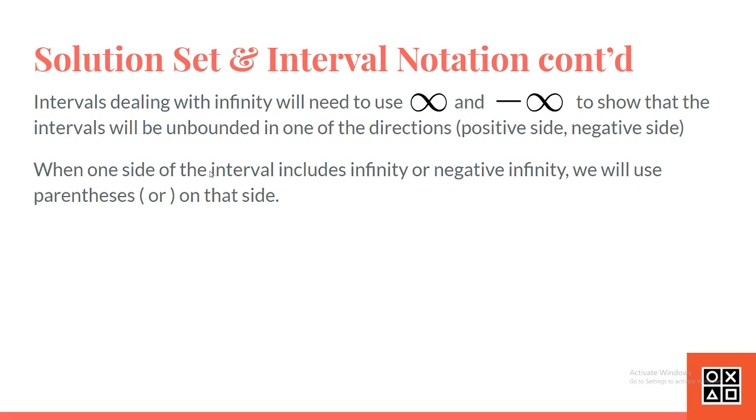When one side of the interval includes infinity or negative infinity, we will use parentheses on that side. So if it's going to be negative infinity, then it's on the left side, so you will use the left parenthesis. But if it goes to infinity, then you want to put the parenthesis on the right side.